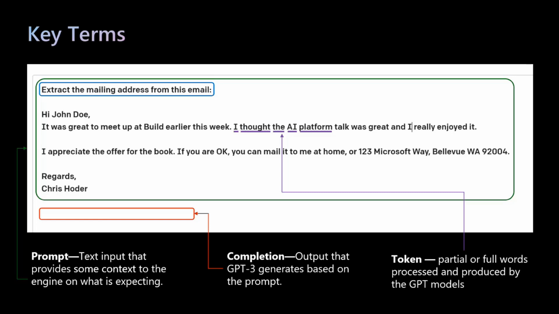As one of the parameters of these APIs, you specify the maximum number of tokens you want to receive from the model. In a majority of APIs like this, you pay both for tokens you send and for tokens you receive. This emphasizes the need to be good prompt engineers, because the shorter your prompt, the more money you save. Of course, if this shorter prompt still gives you satisfactory results.